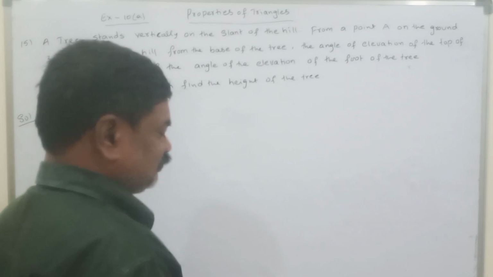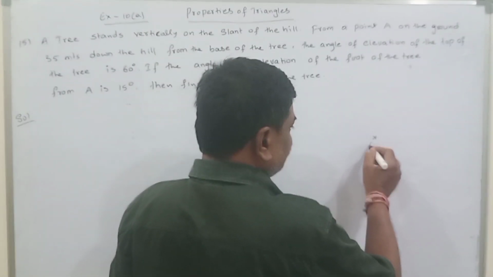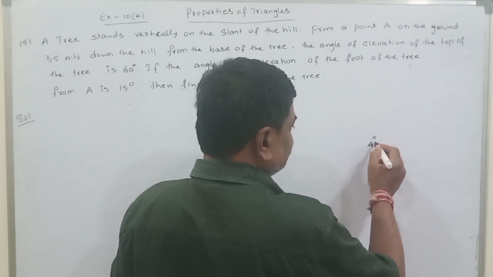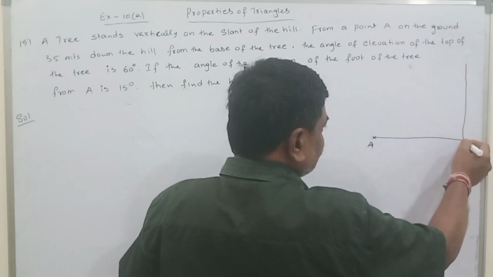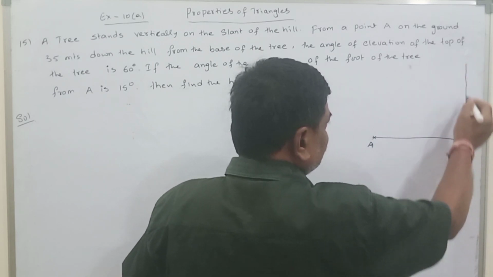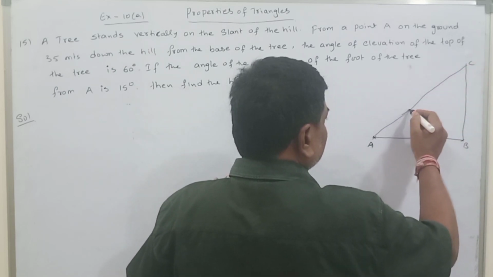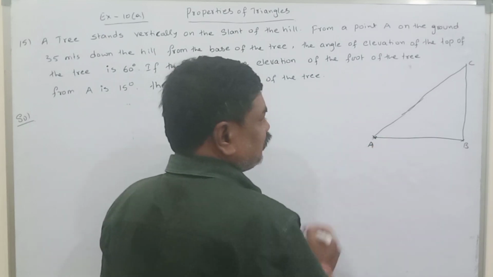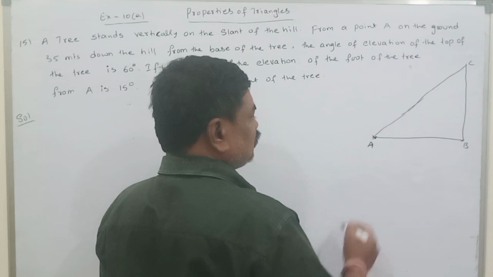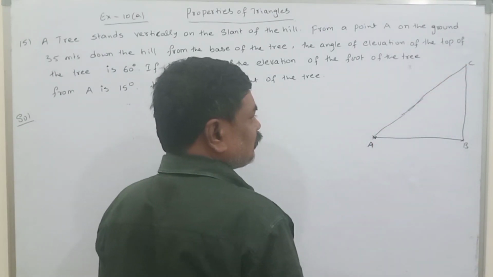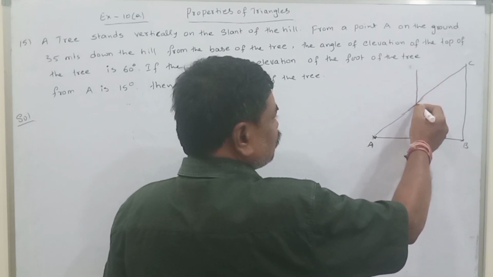So, here you observe, this is the observation point A. This is the foot of the hill. BC is the hill and this is the triangle ABC. A is the point of the observer, BC is the hill and the slant height of the hill is AC. On the slant height, one tree is there vertically.